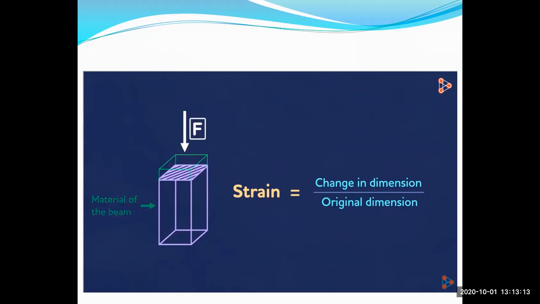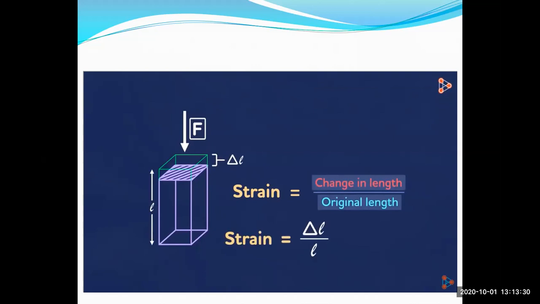In our example, L is the length of the beam and it's experiencing some force. Hence, it will deform and its length will change by, say, delta L. Strain is defined as change in length per unit of the original length. Mathematically, it is delta L over L.